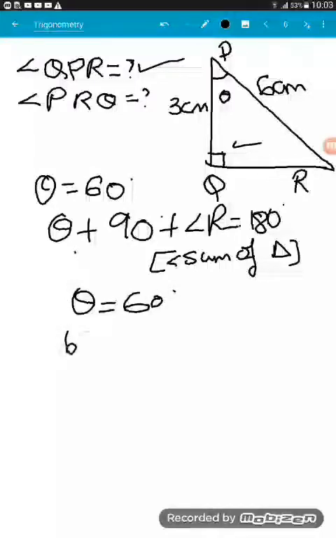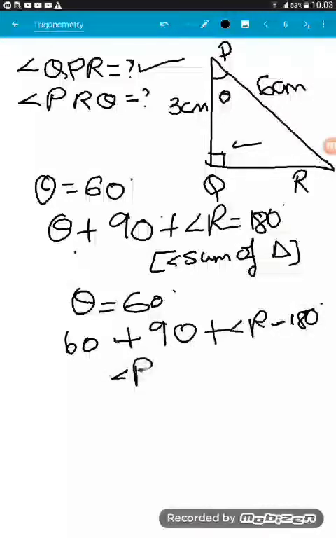By substituting, 60 plus 90 plus angle R equal to 180 degree.